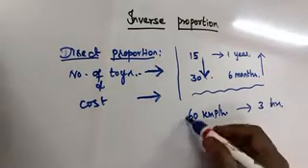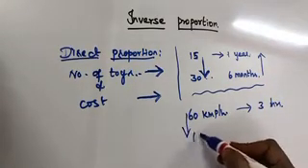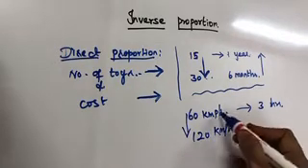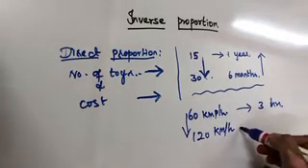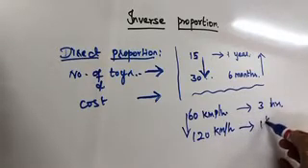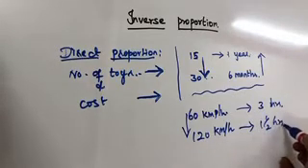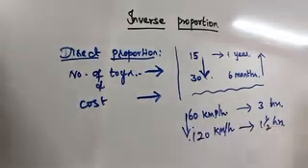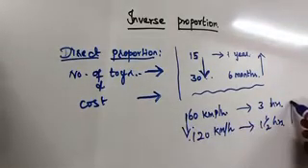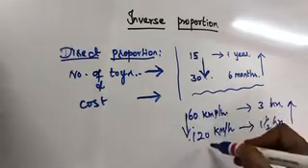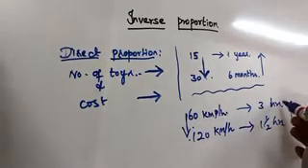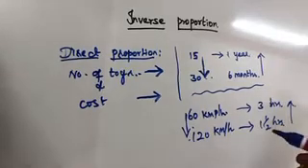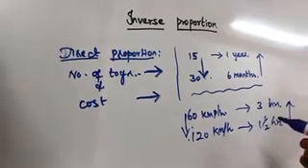If I increase the speed to 120 kilometers per hour, I can reach the place in 1.5 hours. So, if I increase the speed, the traveling time decreases. This is also an example of inverse proportion. This is what inverse proportion is. Can you understand?